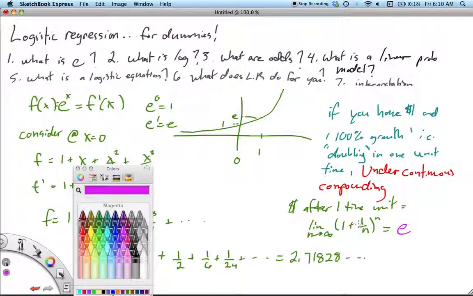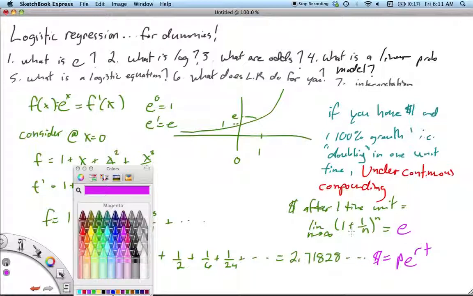And you could have had something other than 100% growth or doubling. If you started changing those things, I'm not going to derive it right here. You can watch Khan Academy if you want to see that. But basically, the amount of money you have is going to be equal to the principal, or the amount that you start with, times e to the rt.